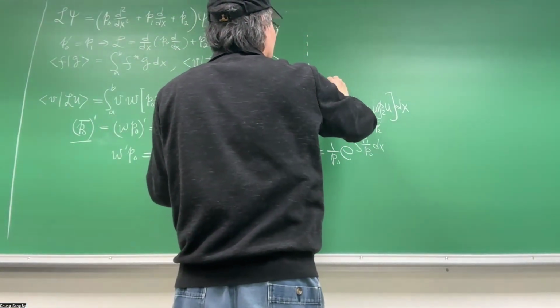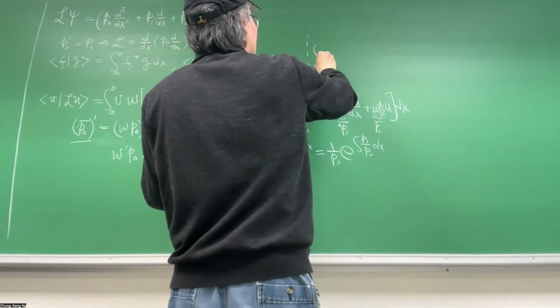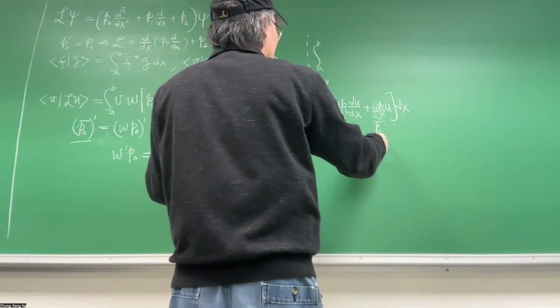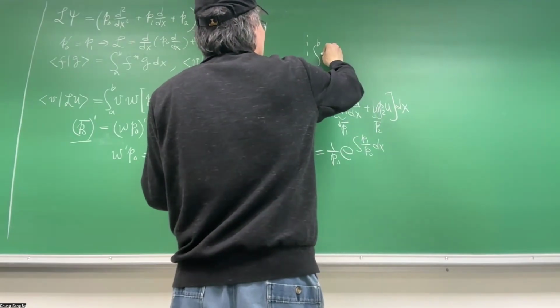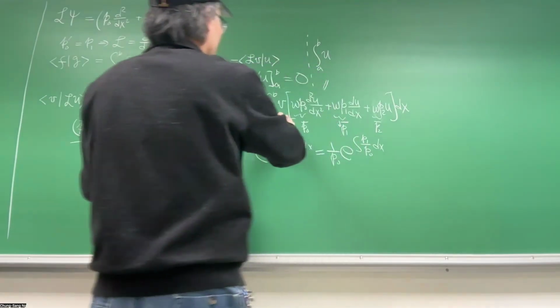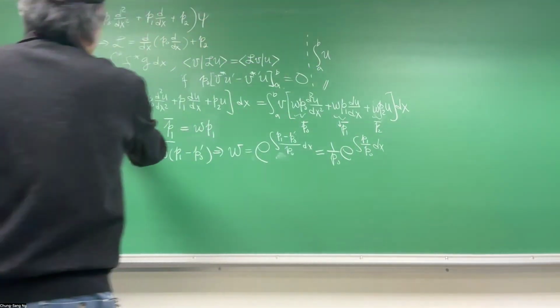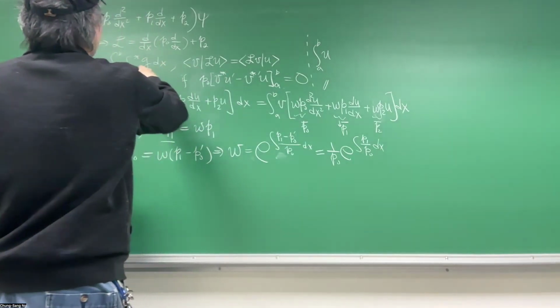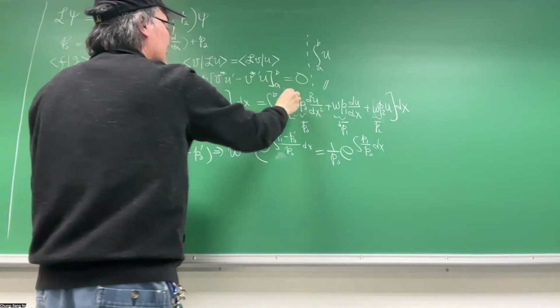This equals to, just like what we did last time, A and B interchange, U and V. So U, and then, well, I forgot this. There's a complex conjugate. When you define the scalar product, there's a complex conjugate.